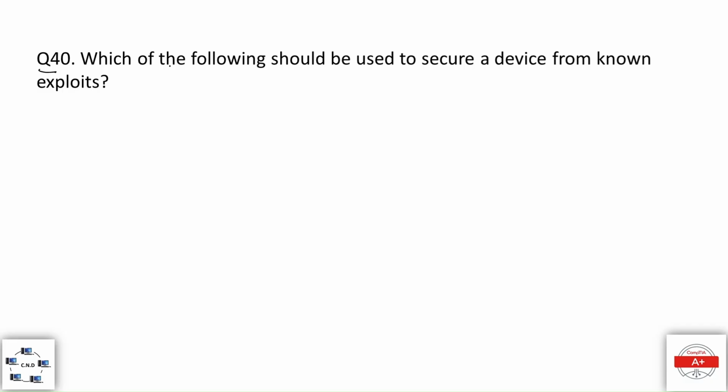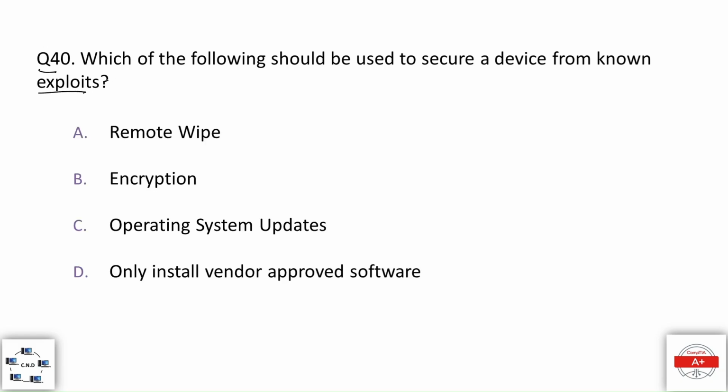Question number 40. Which of the following should be used to secure a device from known exploits? The options are option A, remote wipe, option B, encryption, option C, operating system updates, and option D, only install vendor approved software.